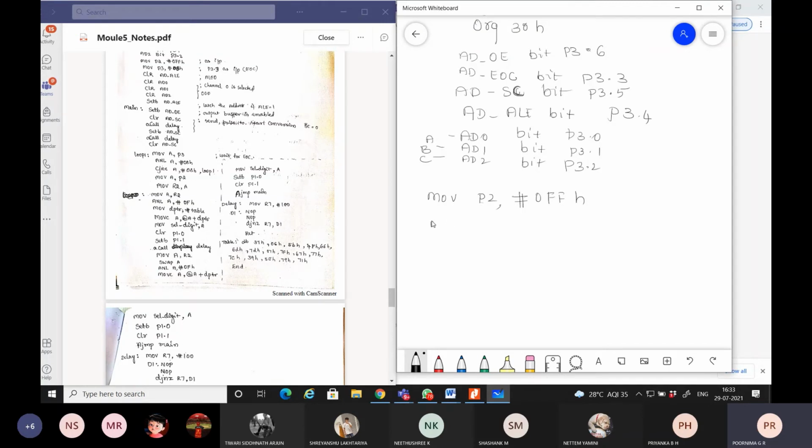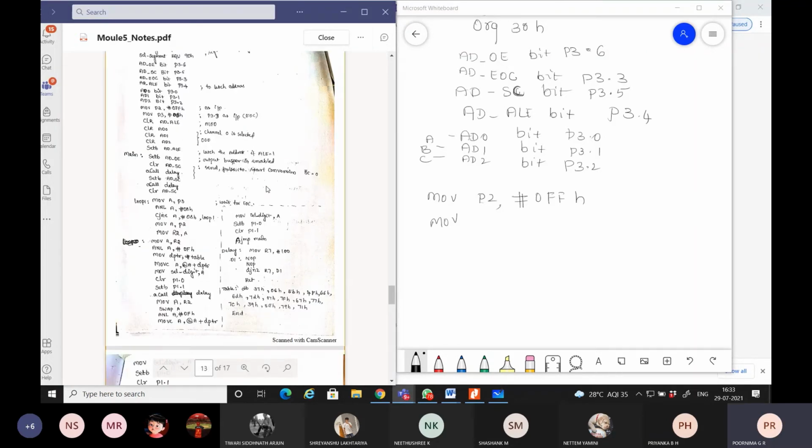So MOV. Okay, before that what you can do, one minute, after sending MOV P3, #08H, check P3.3 as input, whether the ADC has already sent an end of conversion or not.